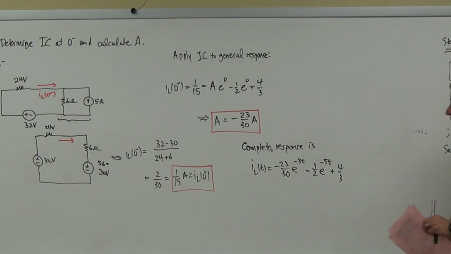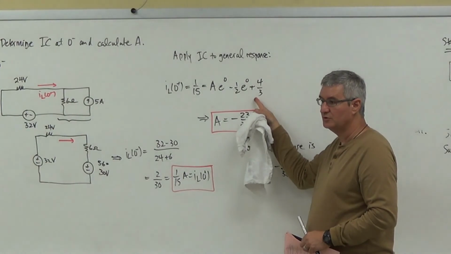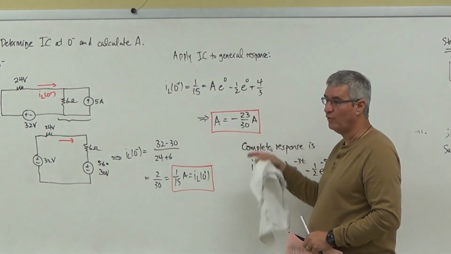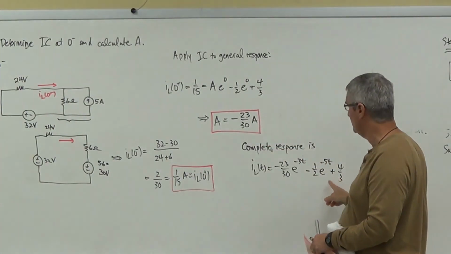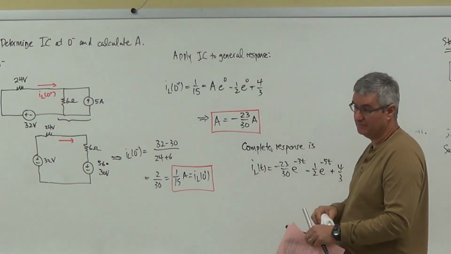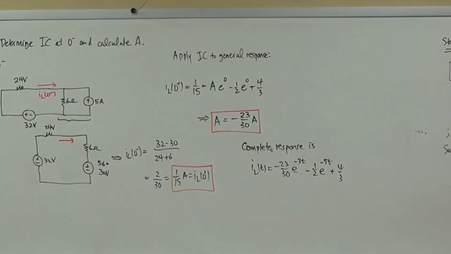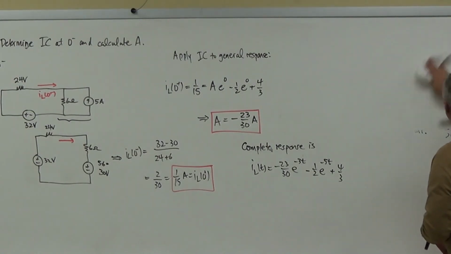I guess the question is, mathematically, when you apply that initial condition, you already have that 4/3 also contributing to A. So I agree that I could come in here and just write that. But we did that. I mean, are there shortcuts? Of course there are.